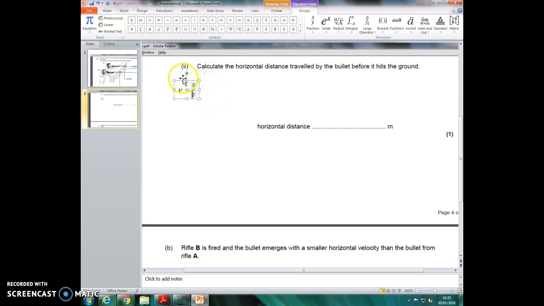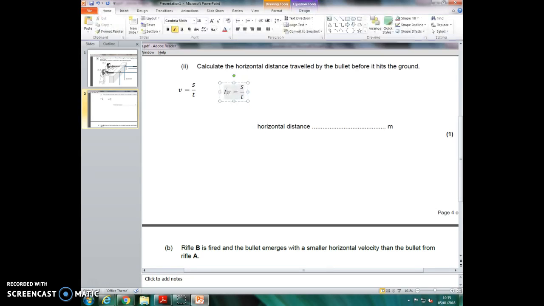If we rearrange that equation, s is equal to the velocity times the time.